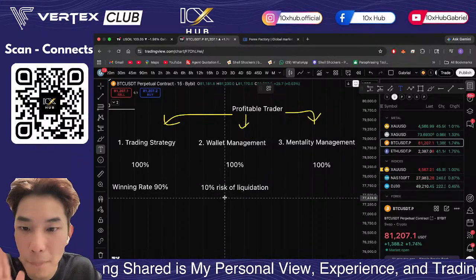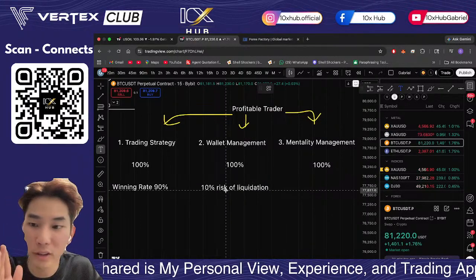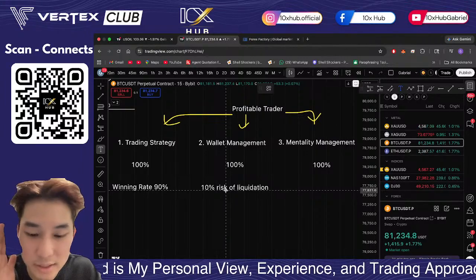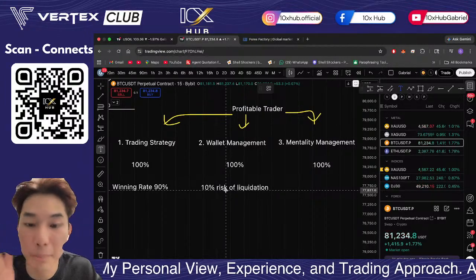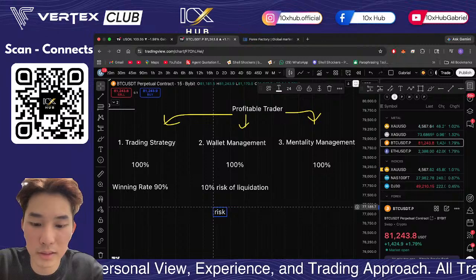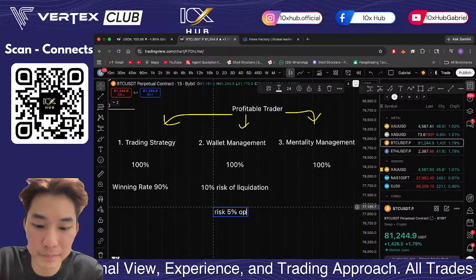Or if we have proper wallet management, every order you will risk, let's say, 5% or 10% per trade. Let's say you risk 5% per trade.